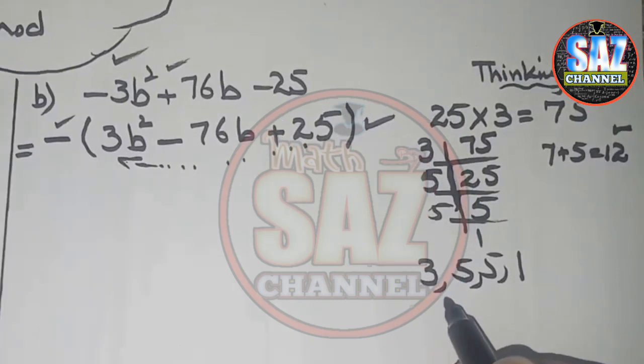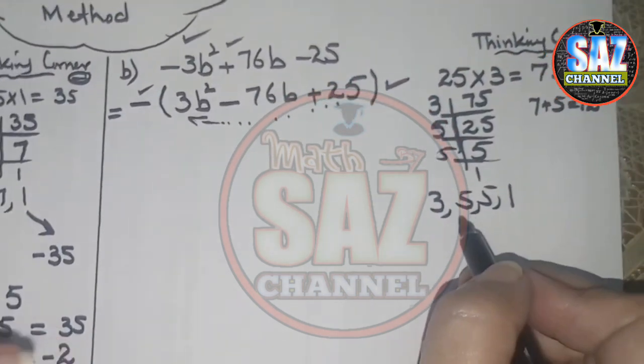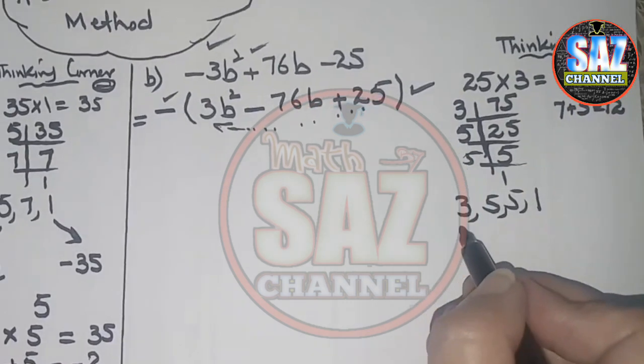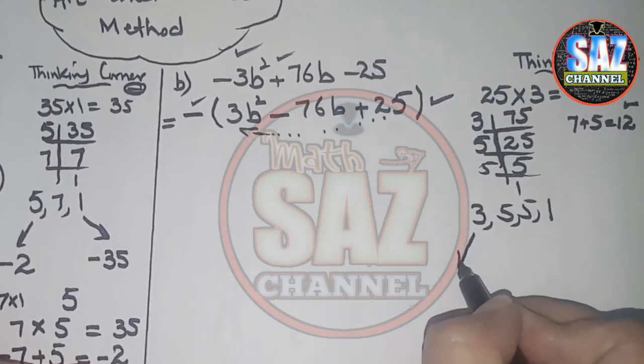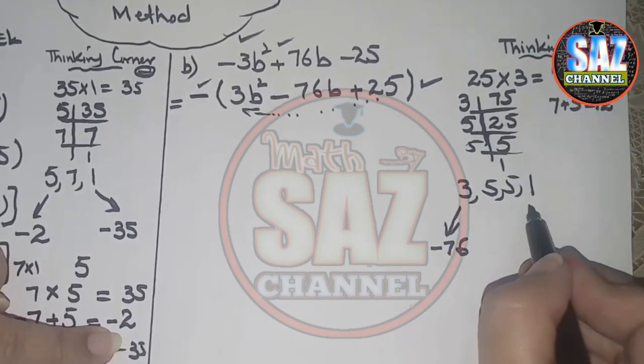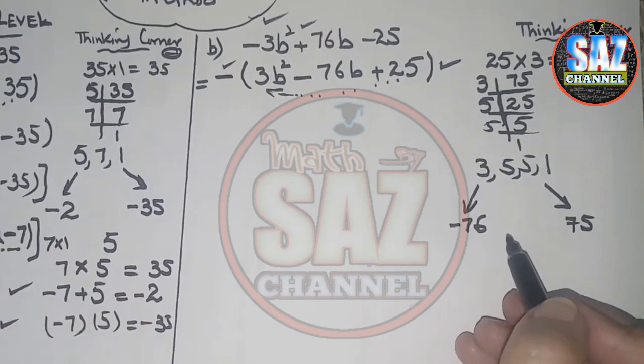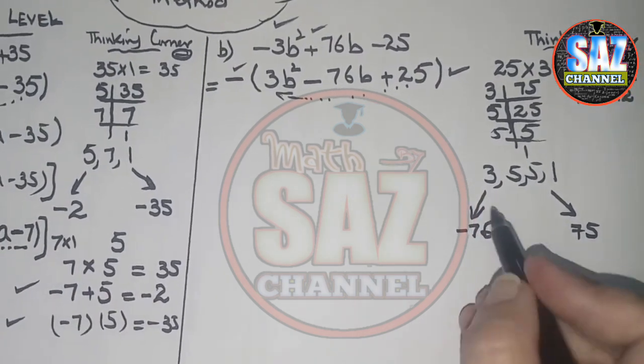I have to make just two numbers out of all these factors in such a way that when I'm adding or subtracting, I'm getting the middle term, which is 76 with a negative sign, and when I'm multiplying, I'm getting the product term, which is 75. Now the magic begins.